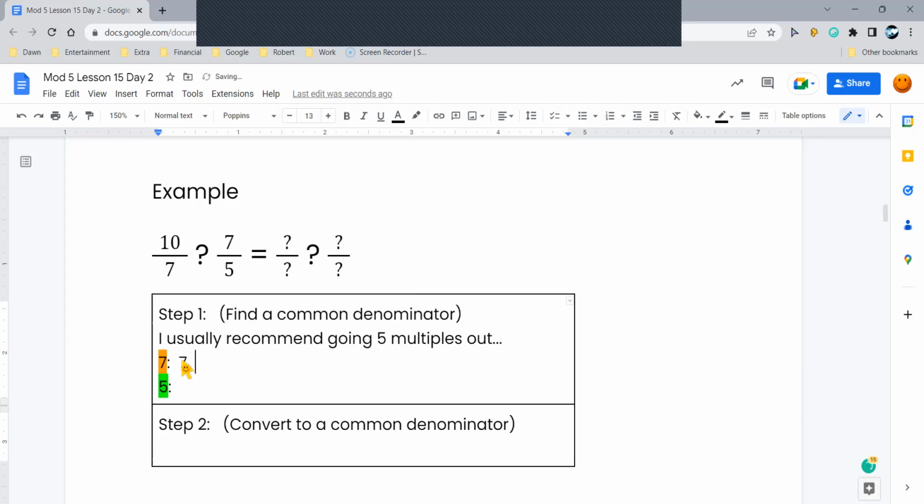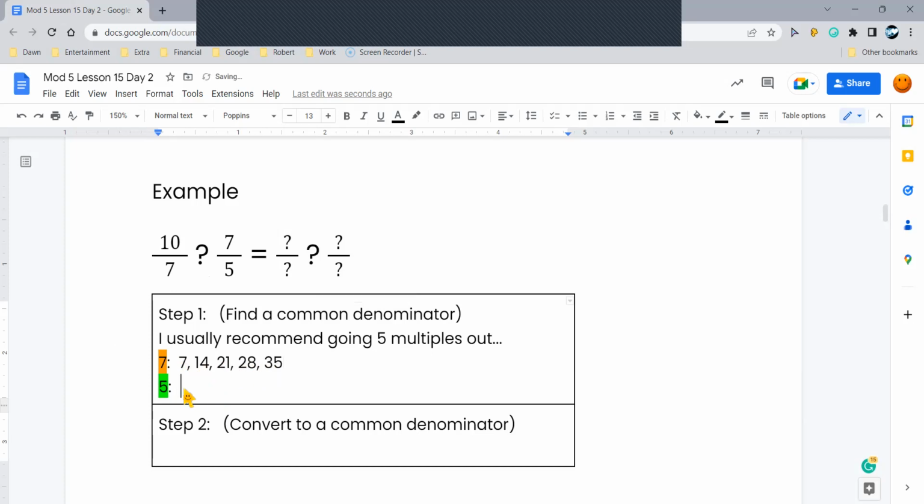So I have 7, 14, 21, 28, 35. You notice 1, 2, 3, 4, 5. I skip counted, so I went 7 plus 7 plus 7 plus 7 plus 7. Or if you know your multiplication facts, you wrote out the facts.